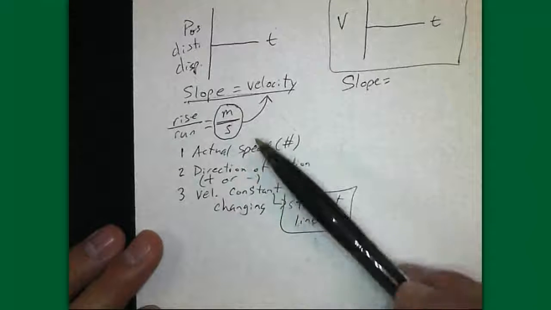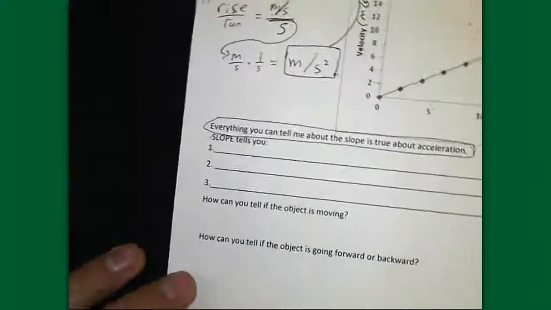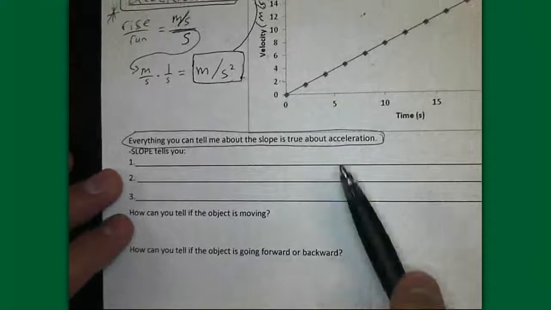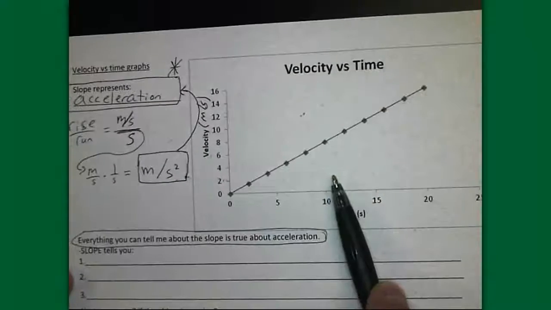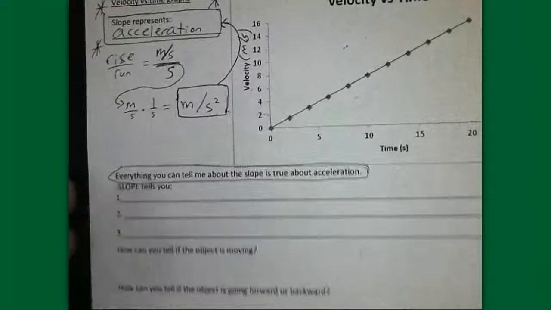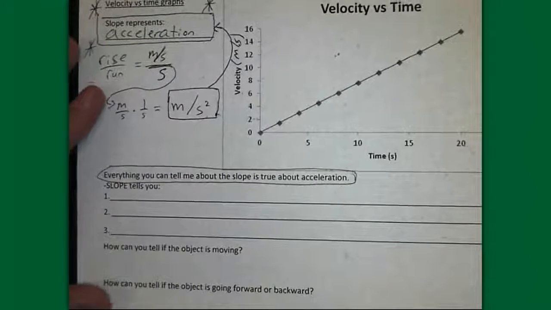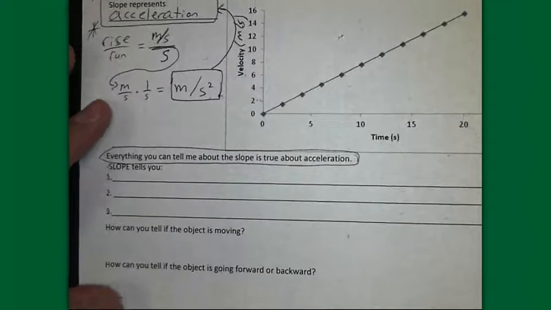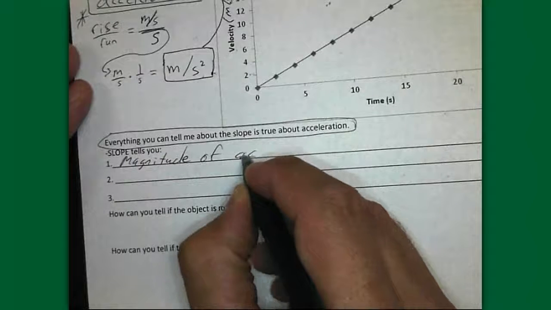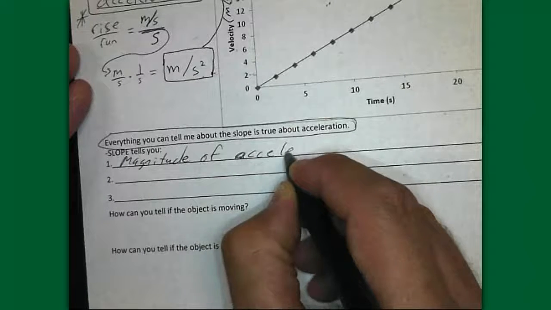We're going to use this same line of reasoning and talk about 3 things that the slope can tell us about acceleration in a velocity time graph. All right, so the first one, the slope told us the actual speed in velocity on a position time graph. In a velocity time graph, the slope will tell us the magnitude of the acceleration, not the velocity, but the acceleration.